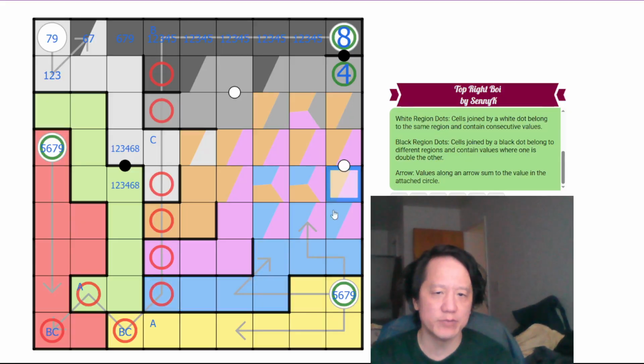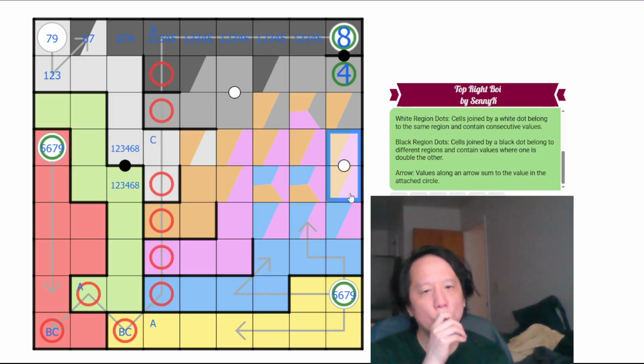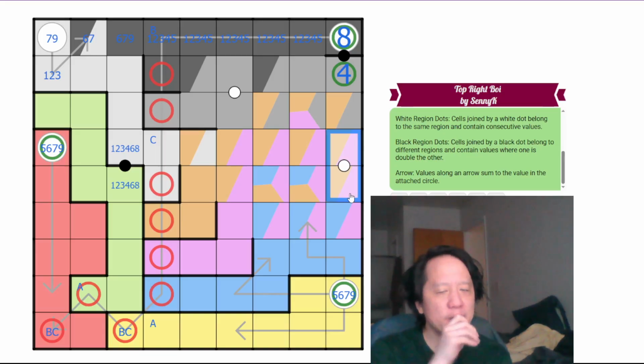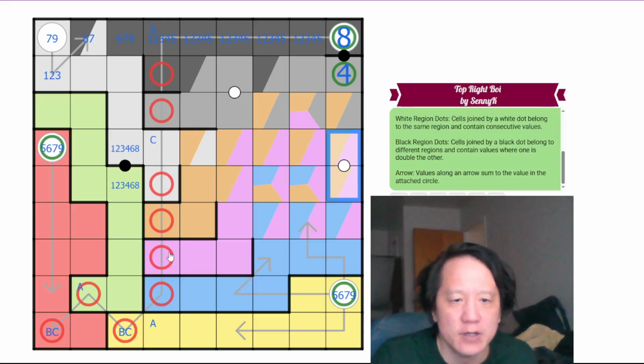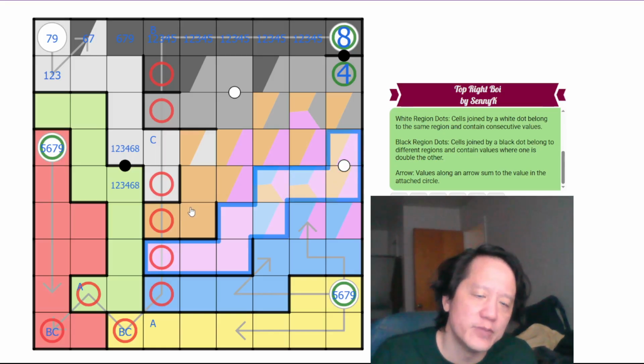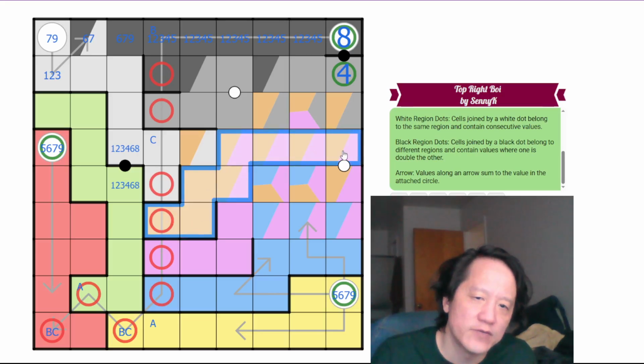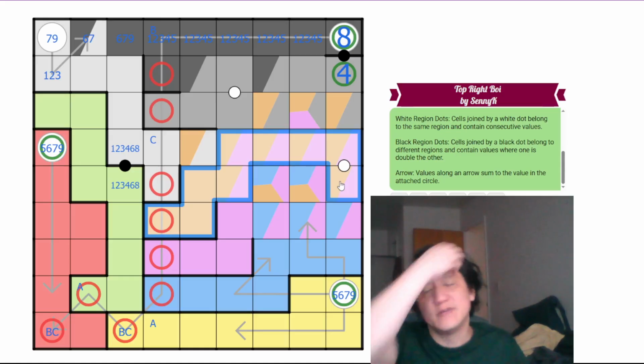This cannot be blue, because if that were blue, they would not be the same region for both of these two. Can they be pink? Probably, right? 2, 3, 4, 5, 6, 7, 8, 9. Yes. Can it be both orange? Yeah, possibly. 1, 2, 3, 4, 5, 6, 7, 8, 9. Yeah, that's possible too.